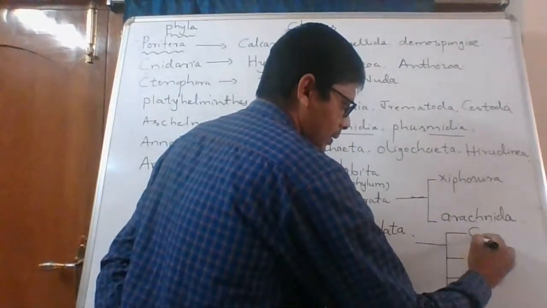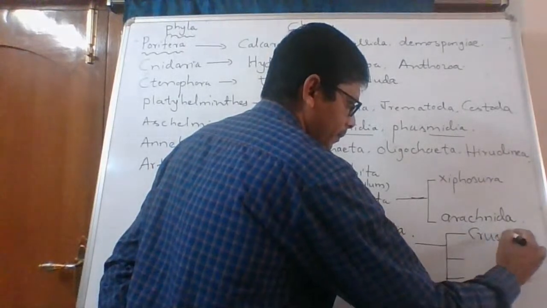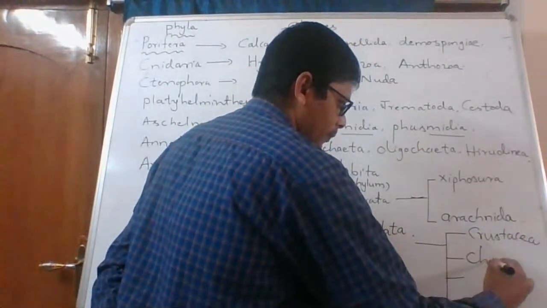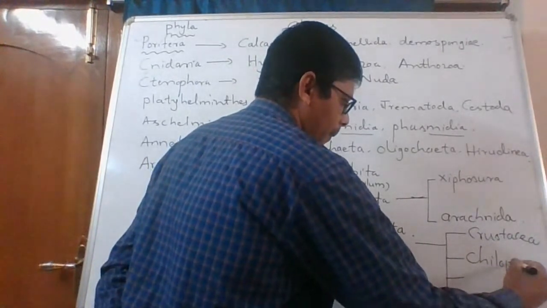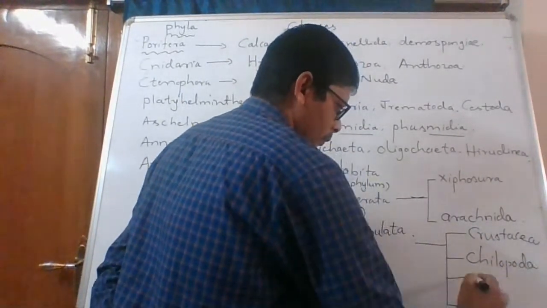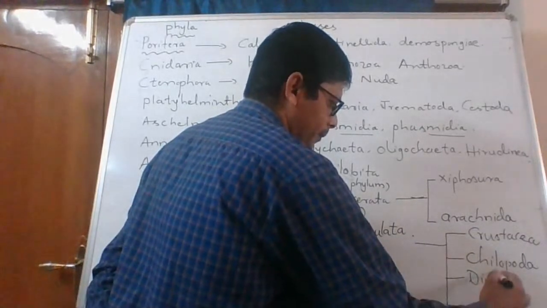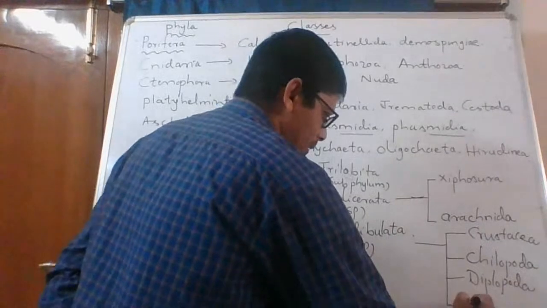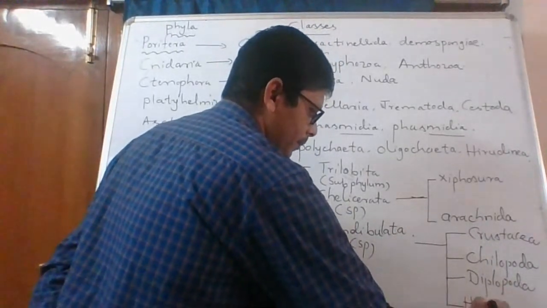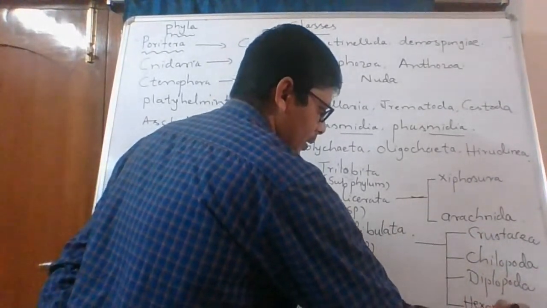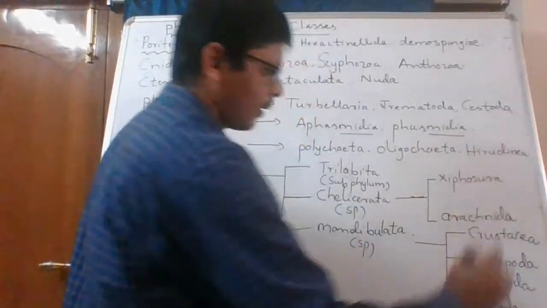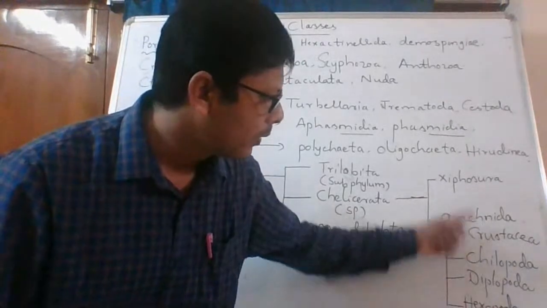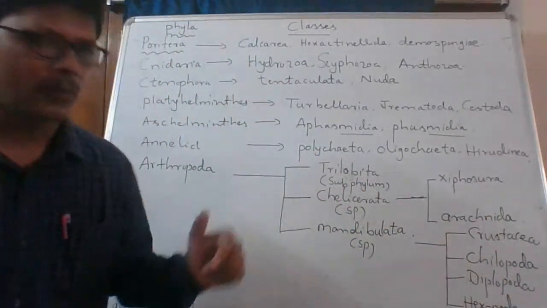One is Crustacea, Chilopoda, Diplopoda, and Hexapoda. Hexapoda is also called Insecta. Okay, these are the six classes here. These are the three subphyla.